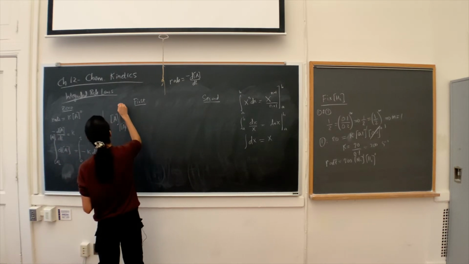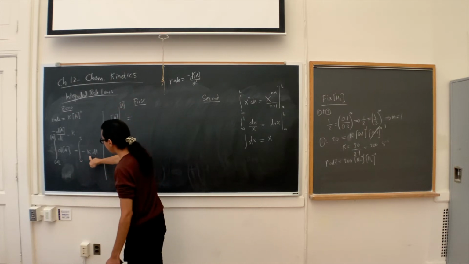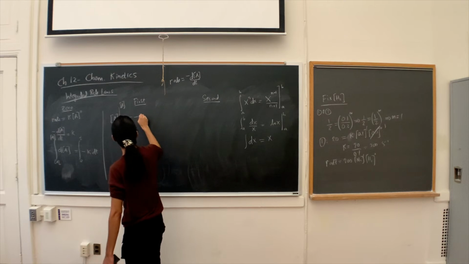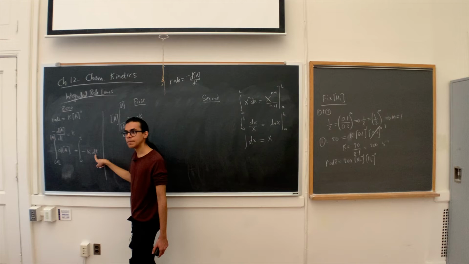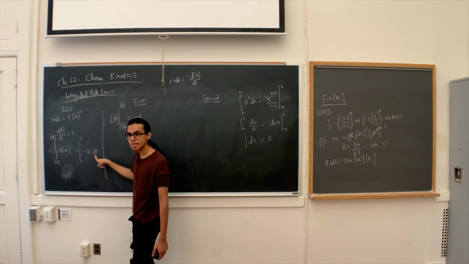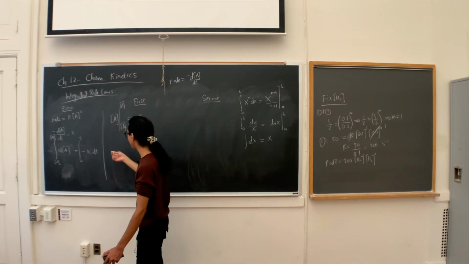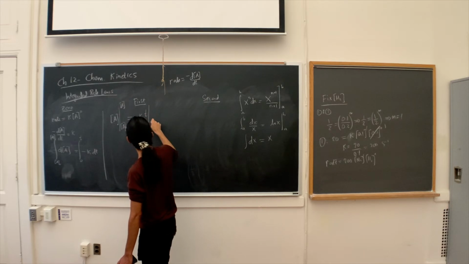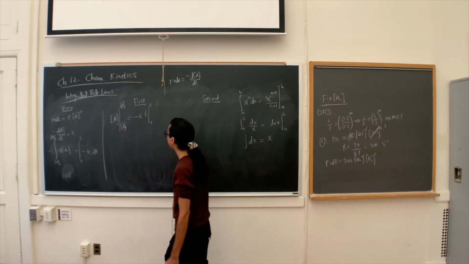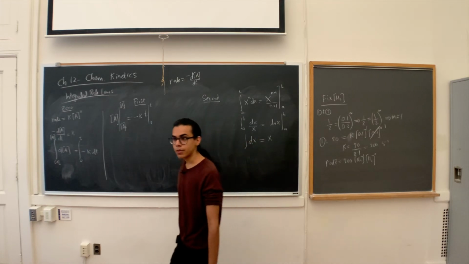A naught to A equals, k is a constant, negative is a constant, these come out, minus k, integral of dt. What's that? T, right? The integral and the d cancel again. So that's just t, but you evaluate that from 0 to t. Great.